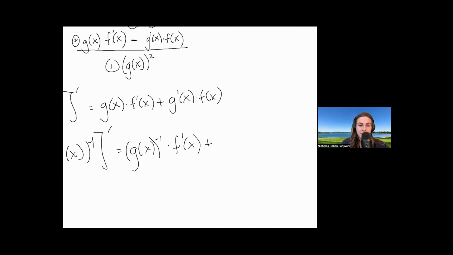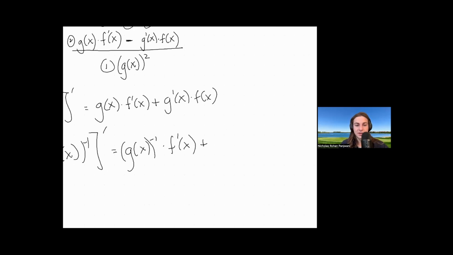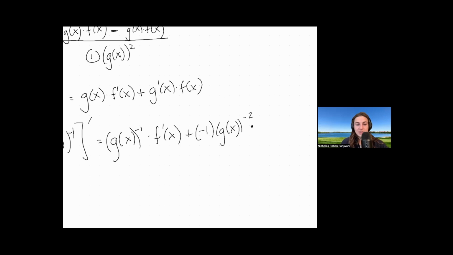We bring down this exponent as a coefficient, negative 1 times g of x, and subtract 1 from the exponent, so negative 1 minus 1, negative 2. And the chain rule aspect comes in, since it's not just g of x by itself, it's g of x raised to another power. So there are two functions going on there. And I will actually explain my Russian doll method. What the Russian doll method is, you look to the outside first.